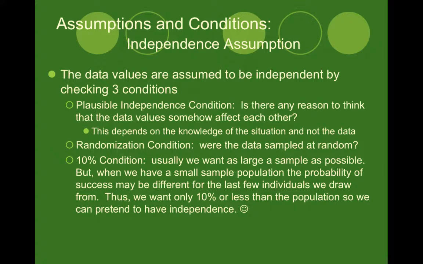And again, you would check this by taking your population size and multiplying it by 10% and making sure that your sample is less than that. If they don't give you what the population size is, then you take your sample size, multiply it by 10, and state that the population should be greater than that value.